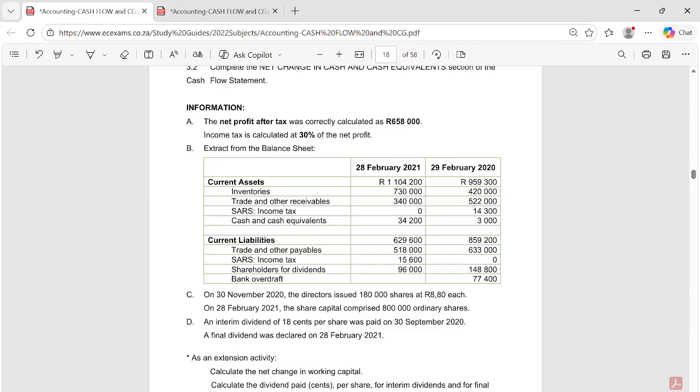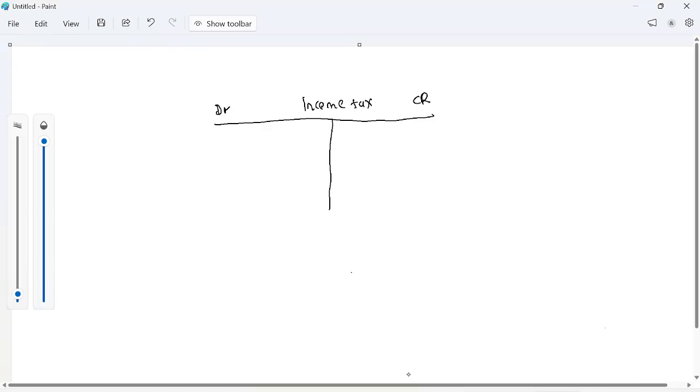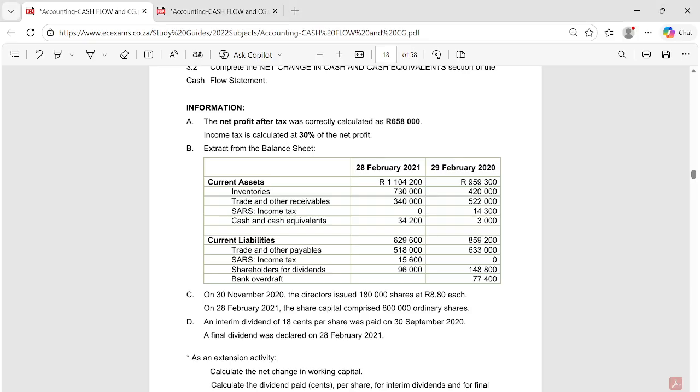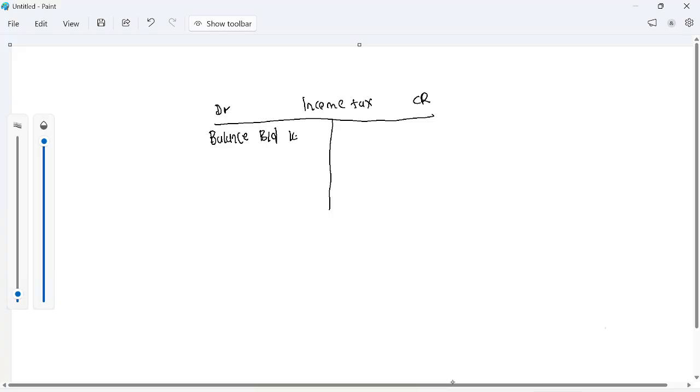Our income tax at the beginning is under current asset, which is receivable, meaning it's on the debit side now, 14,300. So I'm going to say balance brought down of 14,300. Yes, I say 14,300. Ne? And then we come again now.